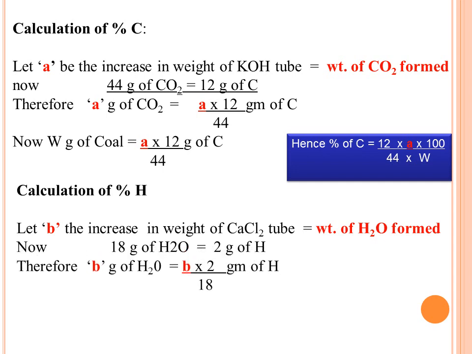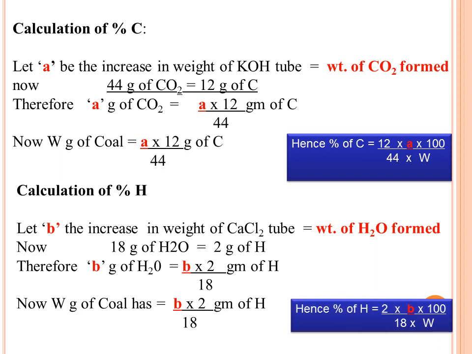So how much is there in B gram? That is B into 2 upon 18 gram of hydrogen present in B gram of H2O, but that is in W gram of coal. So W gram of coal contains B into 2 upon 18 gram of hydrogen.